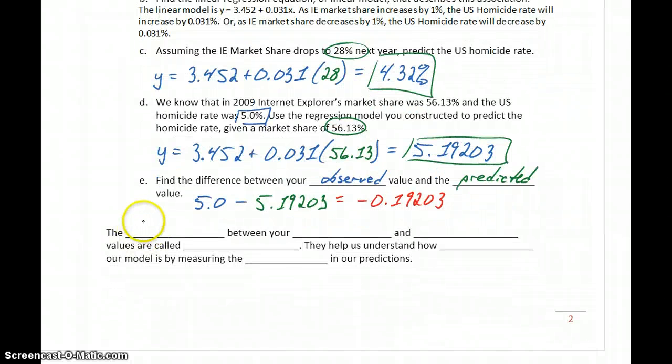That difference between the observed value and the predicted value is called the residual.